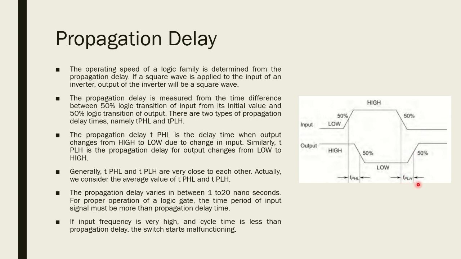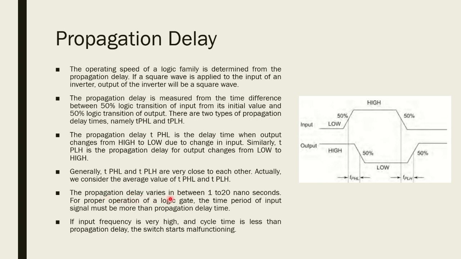Generally, TPHL and TPLH are very close to each other, and we consider the average value when calculating the total propagation delay, which is calculated from the values of TPHL plus TPLH.